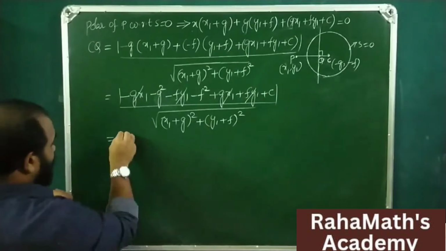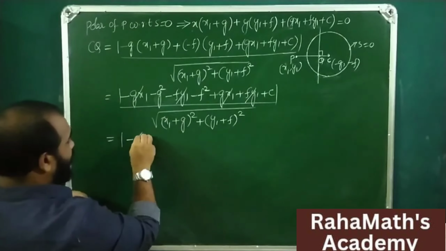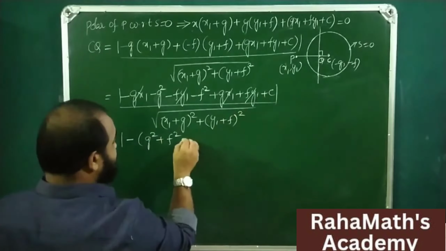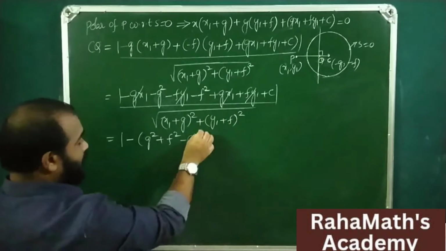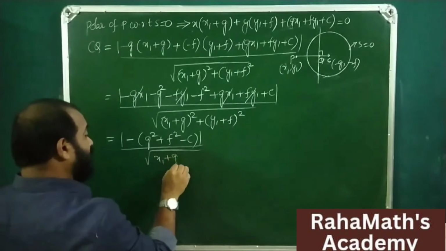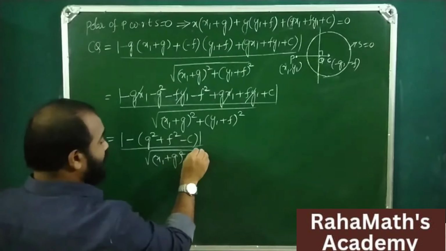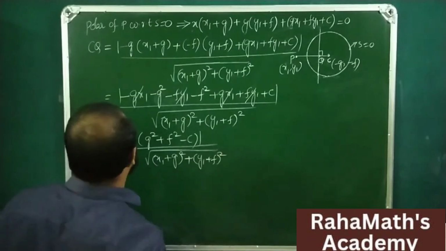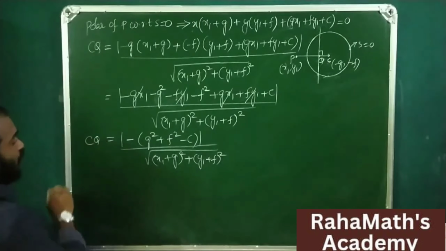So modulus of minus of g square plus f square minus c, minus I have taken common, by square root of (x1 plus g) whole square plus (y1 plus f) whole square. It is CQ.